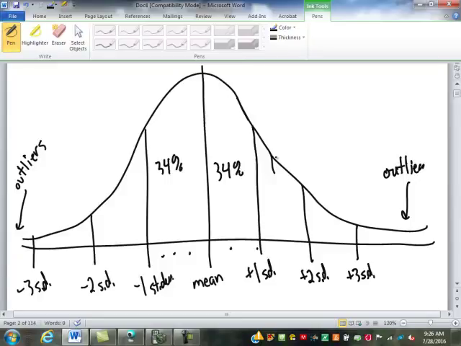If we keep going, 13.5% of the data falls between 1 and 2 standard deviations on each side. And then between 2 and 3 standard deviations is 2.35% on each side. Had I drawn my curve symmetrical, those sections would look the same.